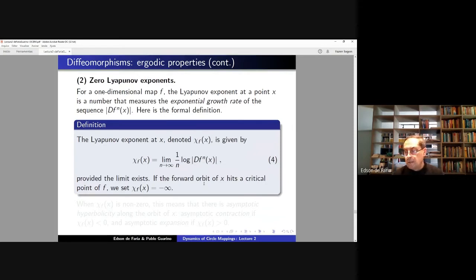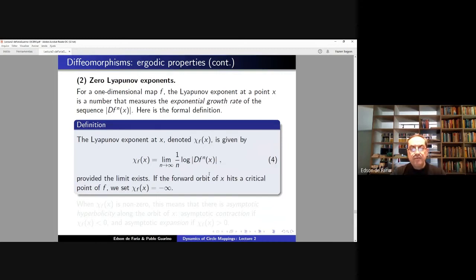Well, this sequence of derivatives is actually a multiplicative sequence. So when you take the logarithm, it's an additive sequence, so the limit exists. The only trouble would be if you had some critical point here, because then you would have log of 0, which is definitely not possible.